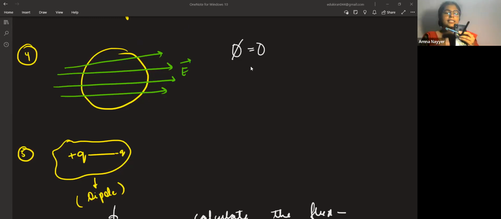Yes, 90 degrees. See, suppose the electric field line is at a certain random angle like this. Then we take the area vector and calculate the angle between the area vector and the electric field line. But if your electric field line is like this only, and now you take the area vector, theta is 90 degrees over here.